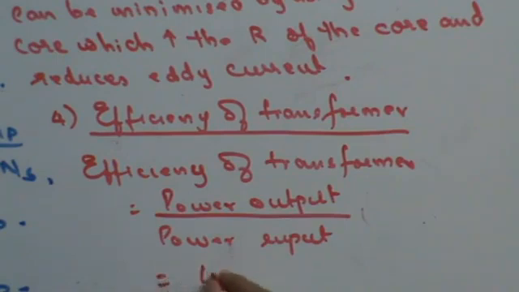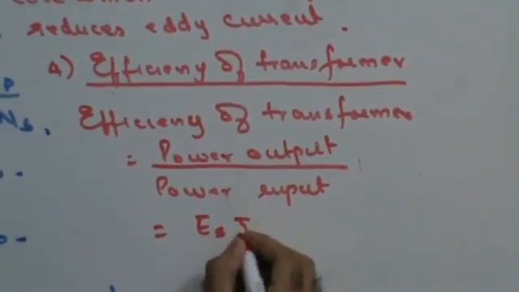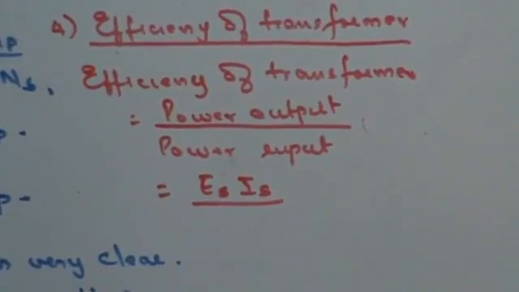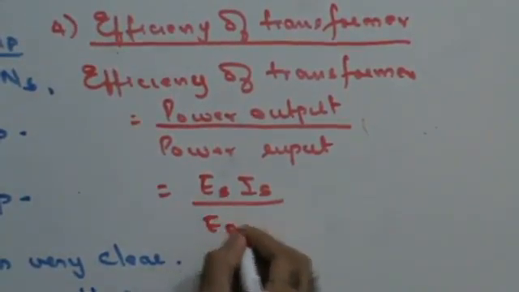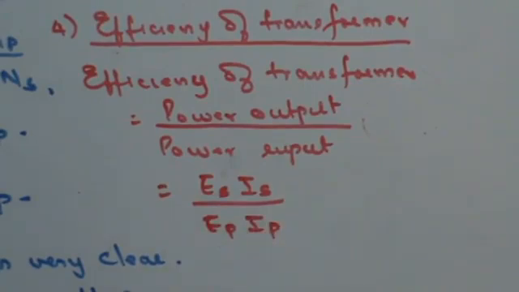Now power output is going to be nothing but ES into IS, voltage in secondary into current in secondary, and power input is going to be EP into IP. Do we get this clear? So that is going to be your formula for efficiency of a transformer.